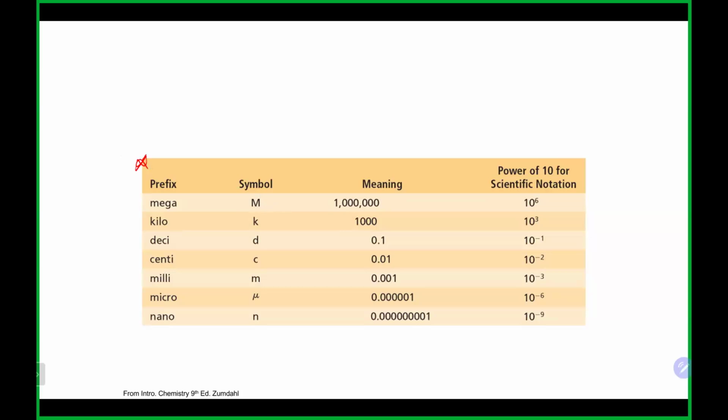For us, we will probably see a lot of kilo, milli, centi, nano. When you get to 1A, you'll probably see a little bit more of mega and some micro as you continue on as well. But for here, you should probably know this table, that sort of box. It is in your book as well.